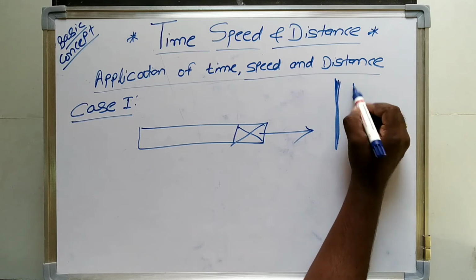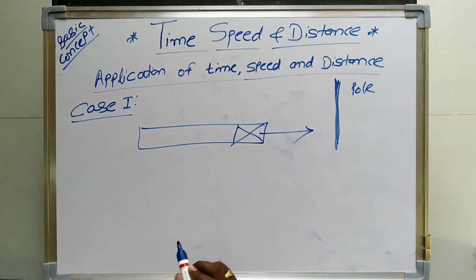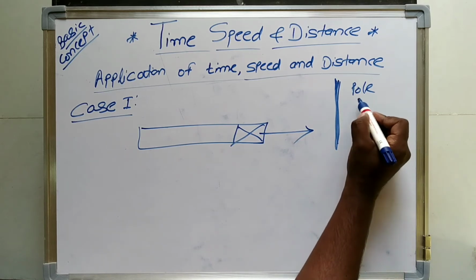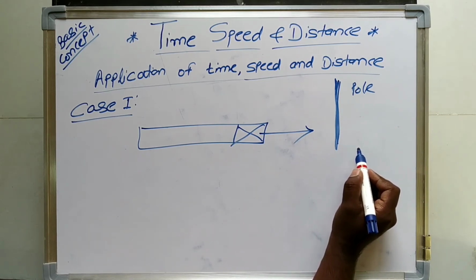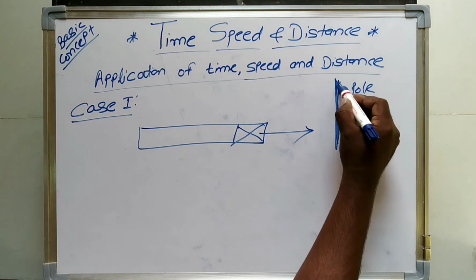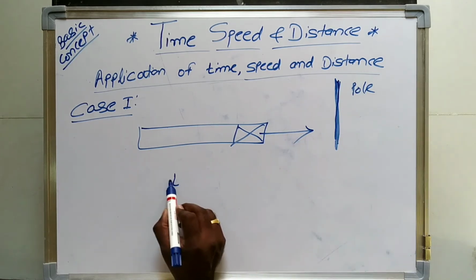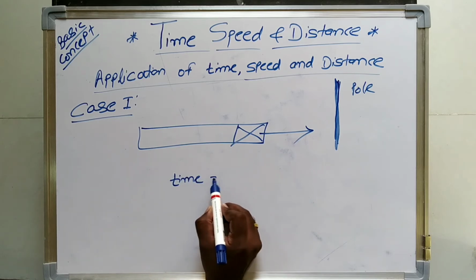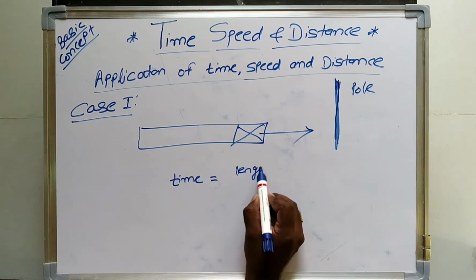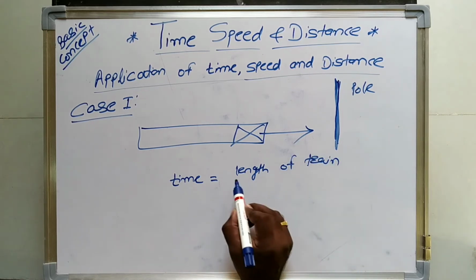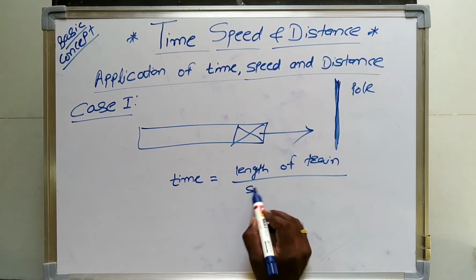If a train is crossing a stationary pole, then the pole does not have length in this direction. Then the time is equal to length of train divided by speed of train.